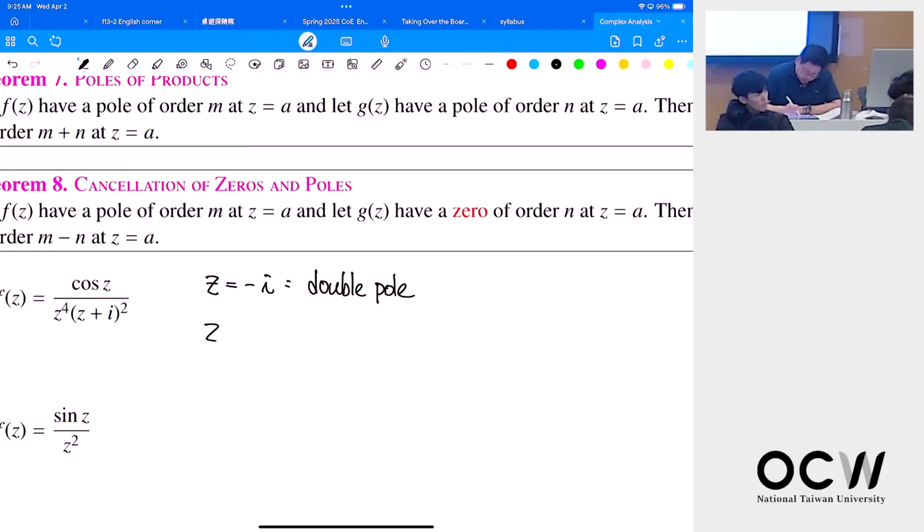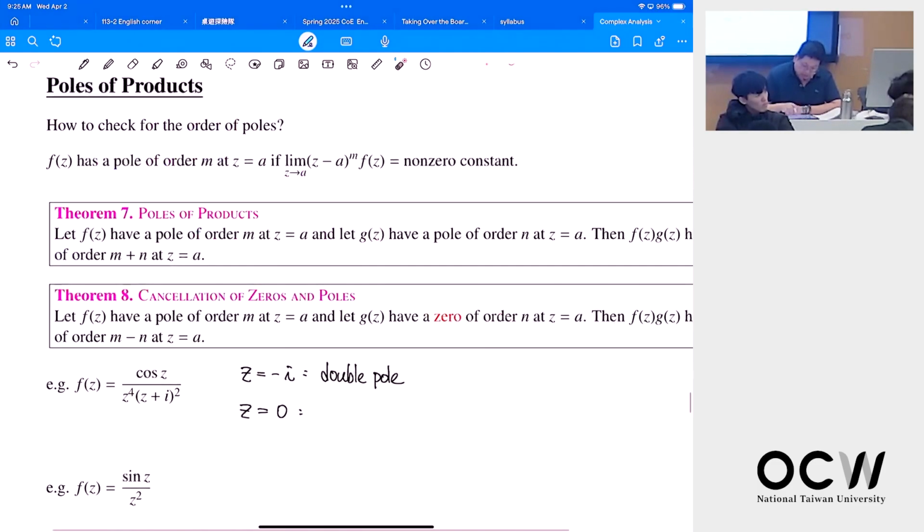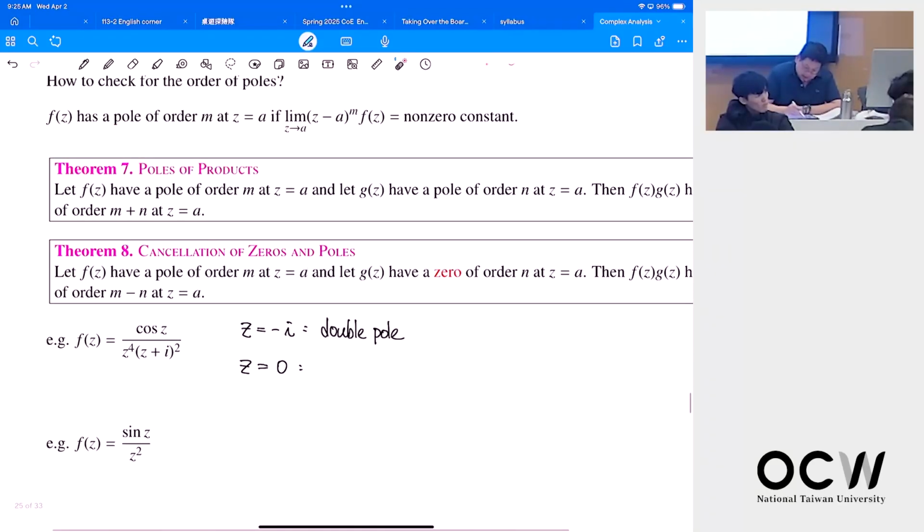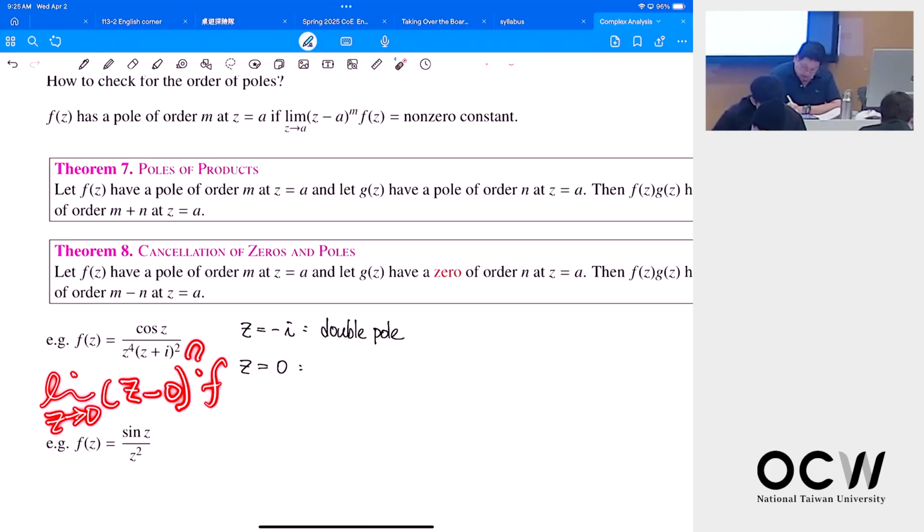And how about z equals 0? Z equals 0, pole of order m. So I have the limit as z goes to 0 of z minus 0 to the how much, times f of z. And this, I will get a non-zero constant c.